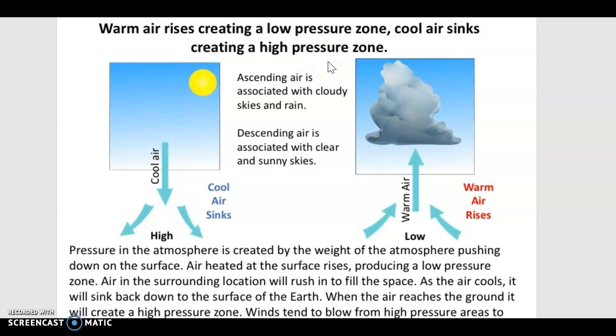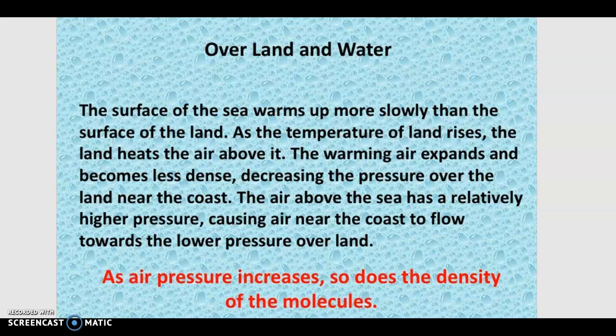Now another key point that has to do with air pressure and convection currents is density. So remember, density is how close together the atoms or molecules in a substance are.